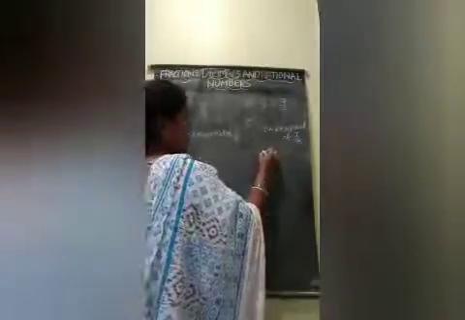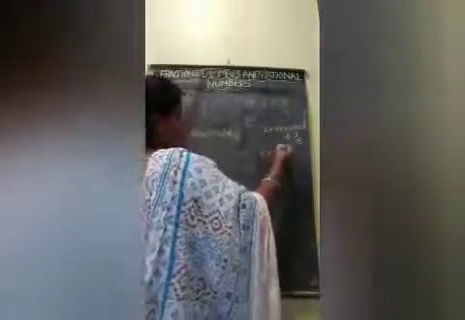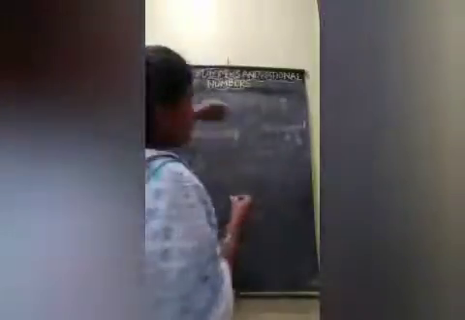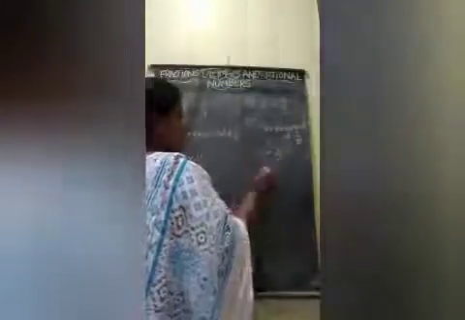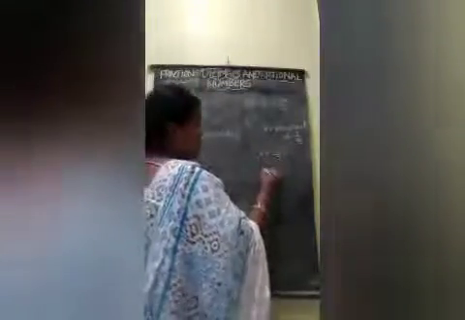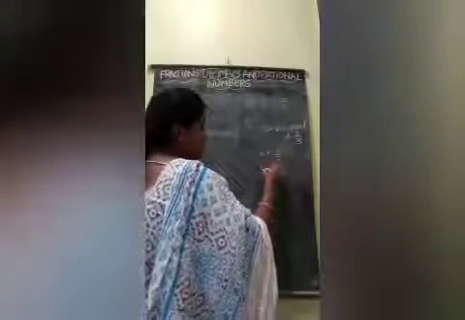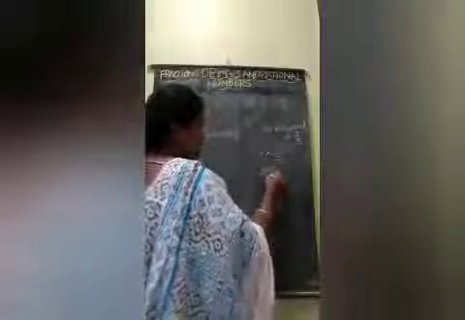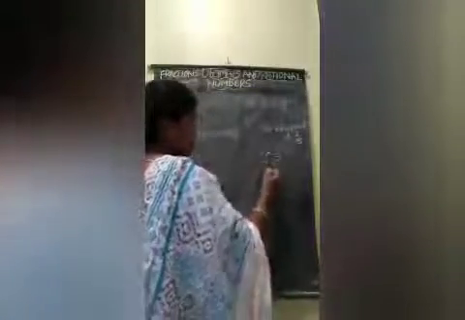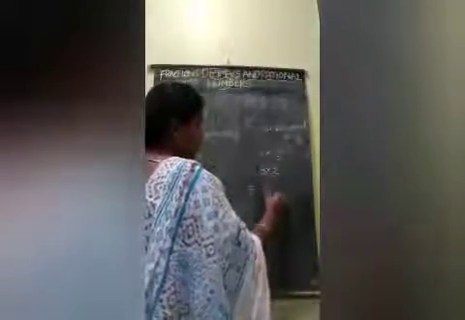What is the reciprocal of 7 by 3? 3 by 7. The product of the whole number with the numerator, keeping the denominator the same: 8 3s are 24 by 7.